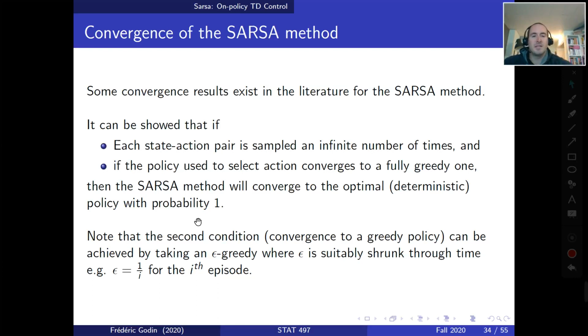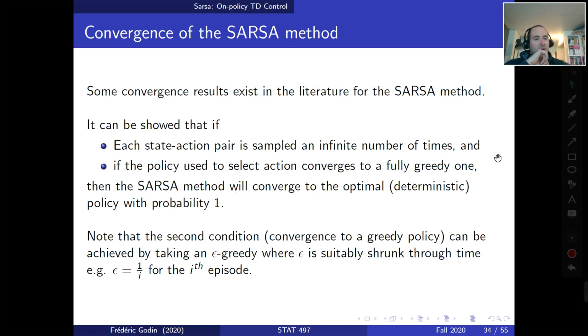It can be shown, for example, that if each state action pair is sampled an infinite number of times, and if the policy that we use converges to a fully greedy one, for example by shrinking epsilon through time in an epsilon greedy policy so as to slowly converge to a greedy policy, then the SARSA method will converge to the optimal policy with probability 1.